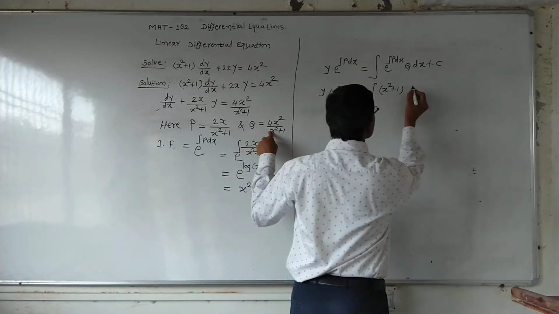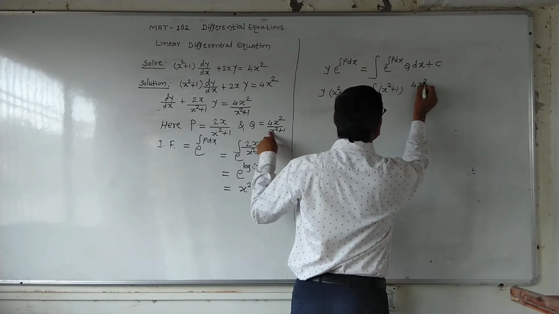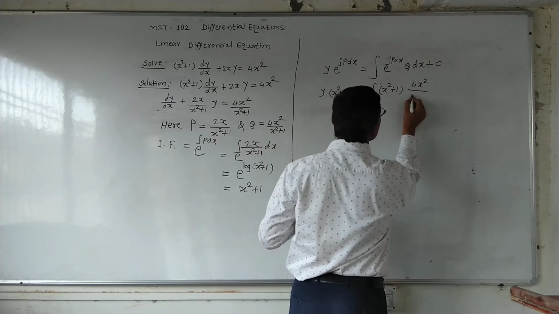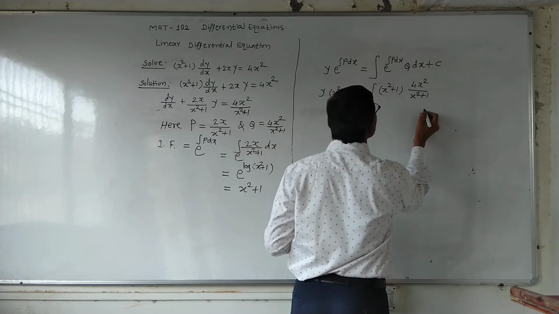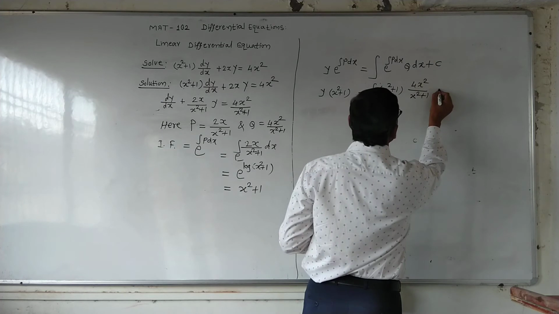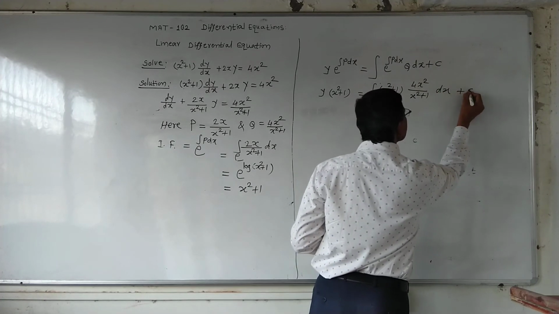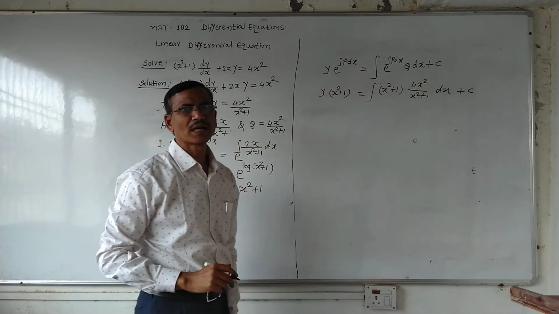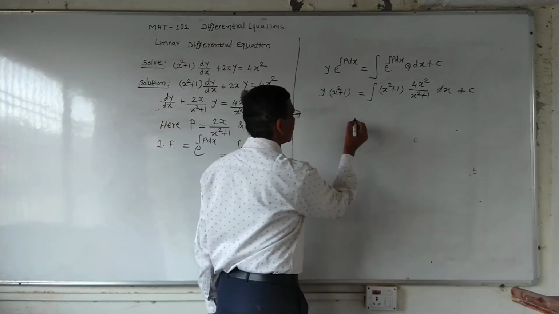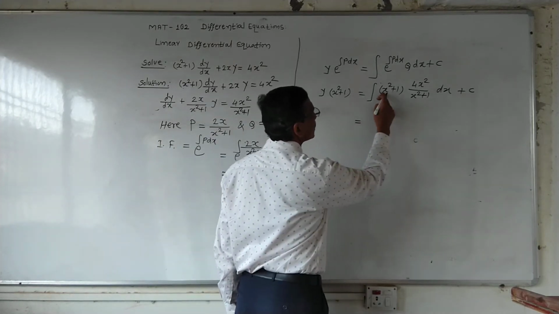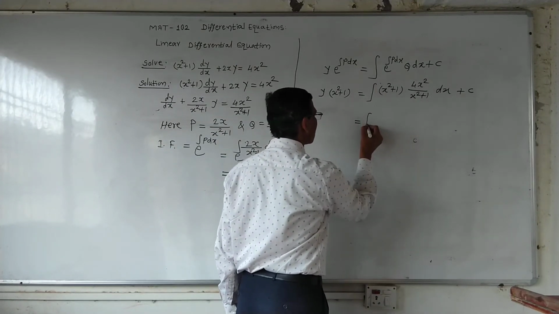Q is 4x square upon x square plus 1 dx plus c. Here x square plus 1 and x square plus 1 get cancelled.